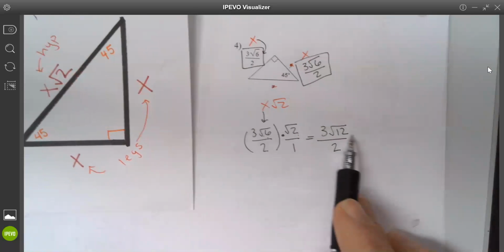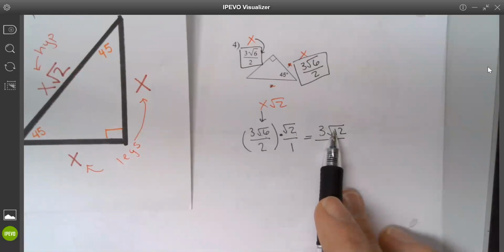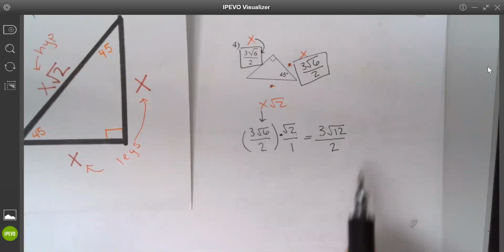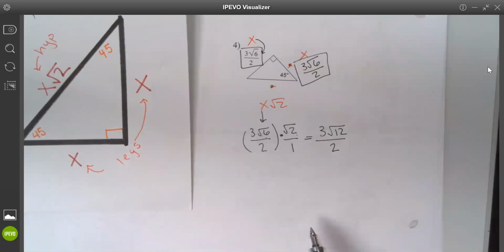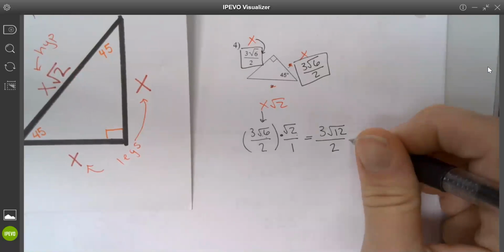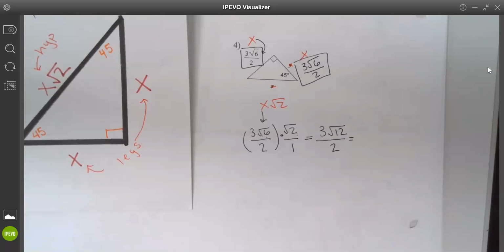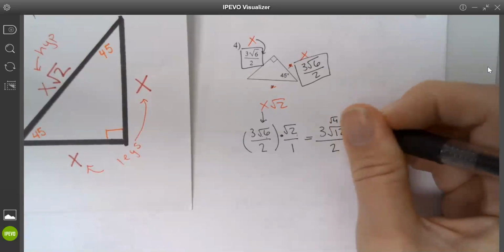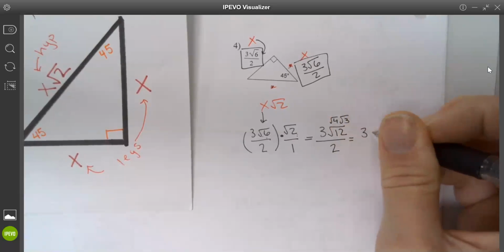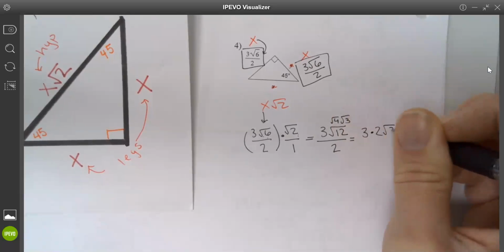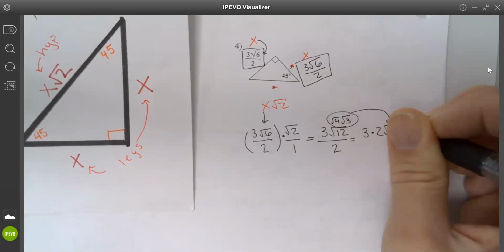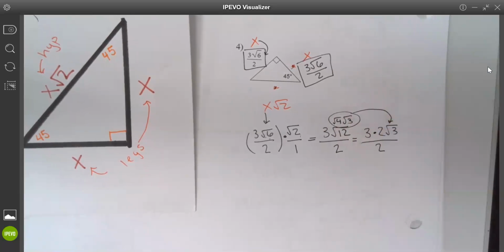Can I simplify the square root of 12? Is there a perfect square number that goes into it? 4. 12 is 4 times 3, so this is going to become 3 times 2 rad 3 over 2.